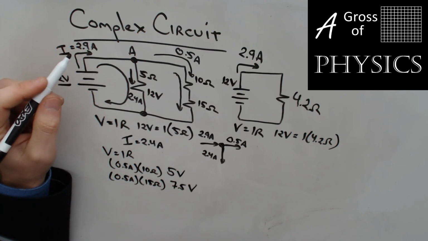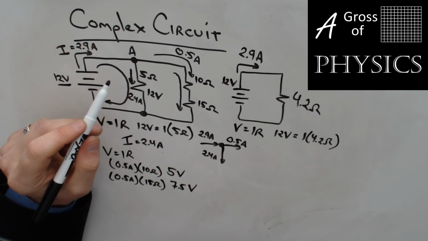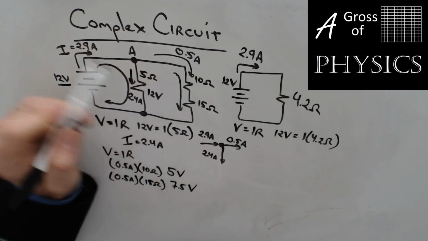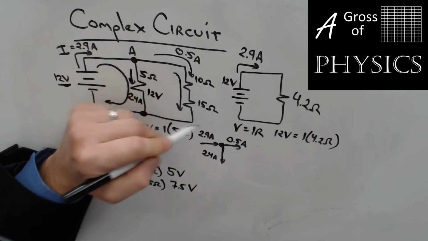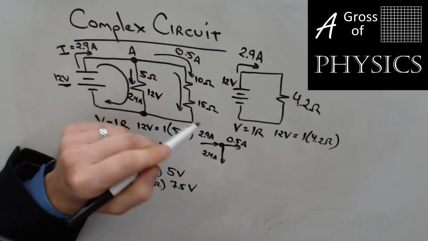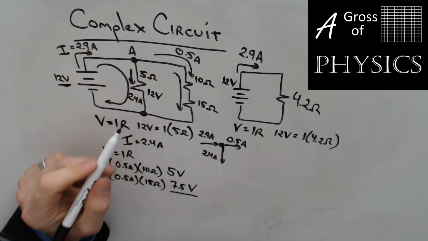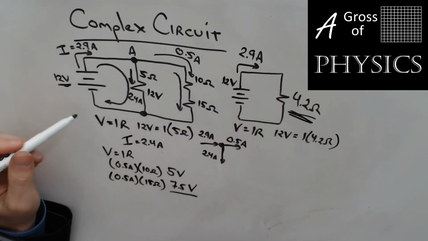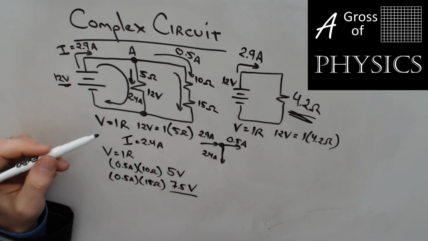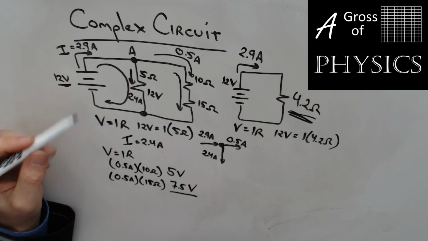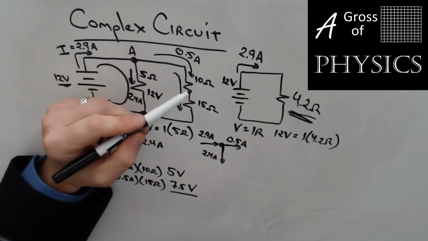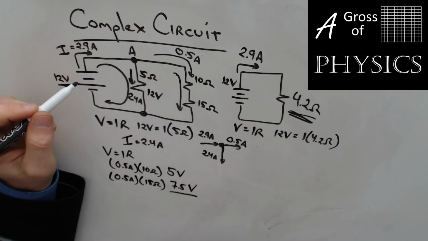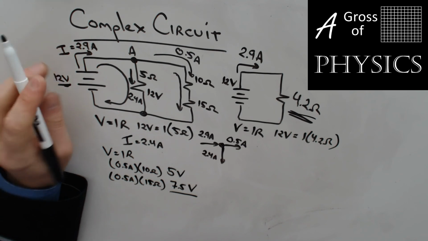And what we can do is ensure that we have the proper amount of voltage in each section. Now, since this and this and this section are in parallel, they should all have 12. We calculated it to be 12.5 because we rounded at this point back here. So because of our rounding, it's going to throw off our values a little bit. But what ends up happening is we can figure out the voltage, the current, and if we wanted to, the power of each section. So that's our complex circuit.